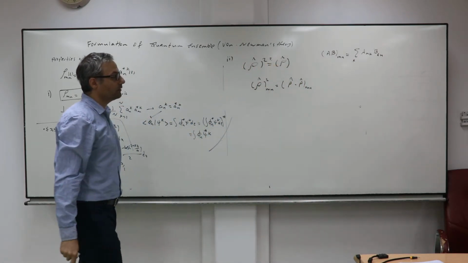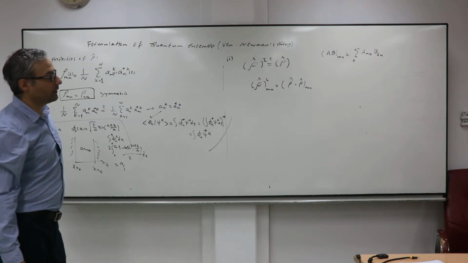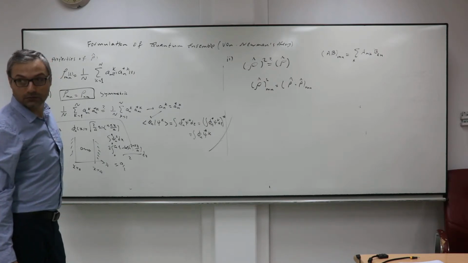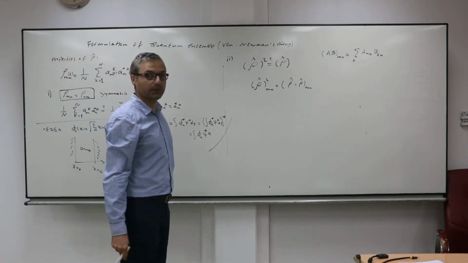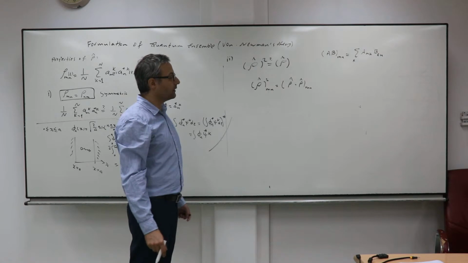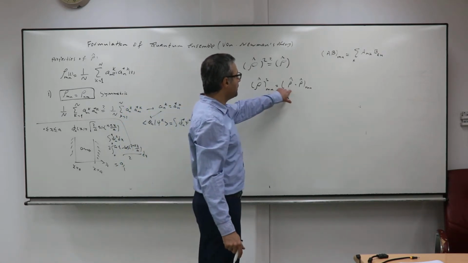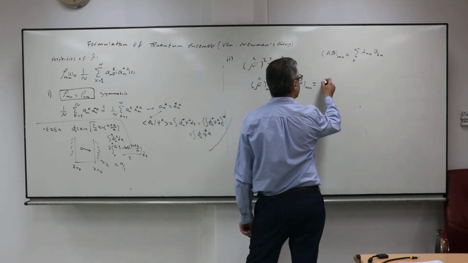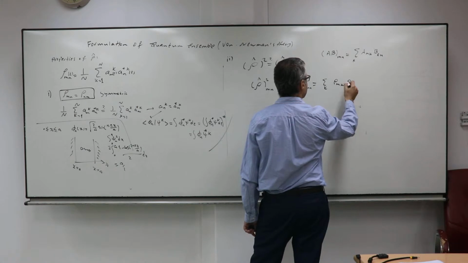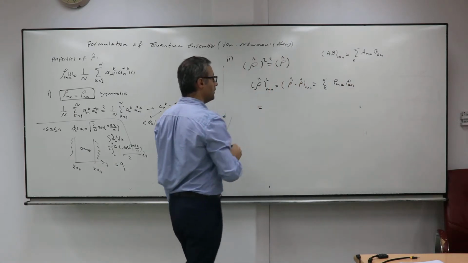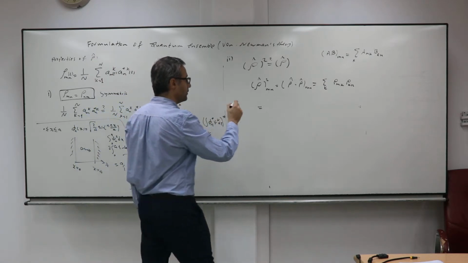From elementary matrix algebra, you know that if you want to find the mn component of the product of two matrices A, B, it will be the sum over k of A_mk B_kn. It's written in any textbook, you know that from the past. So here we have the same: the sum over k of rho_mk rho_kn. And now what I will do is replace the expression for each rho here.